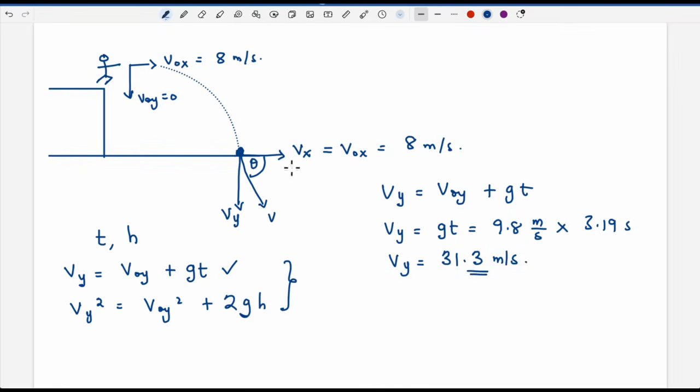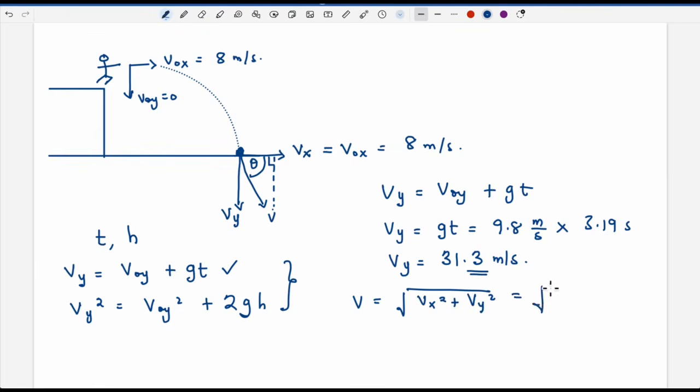Now since we know Vx, we know Vy, we can calculate our V using the Pythagorean theorem, because you can form a right triangle from here. All right, so Vx squared plus Vy squared equals V squared. So we can find that using V equals square root of Vx squared plus Vy squared.